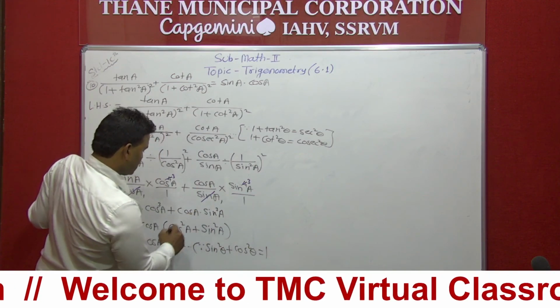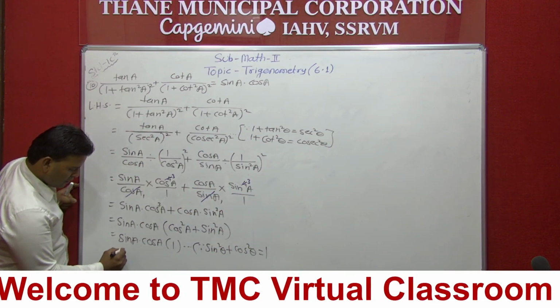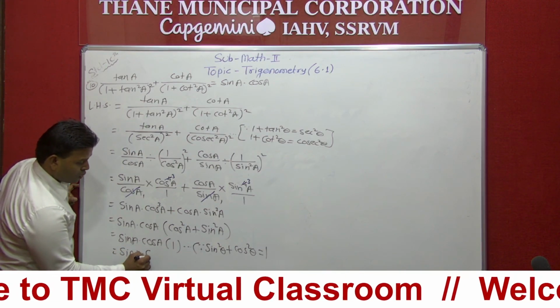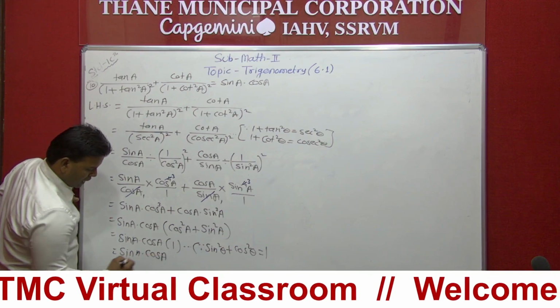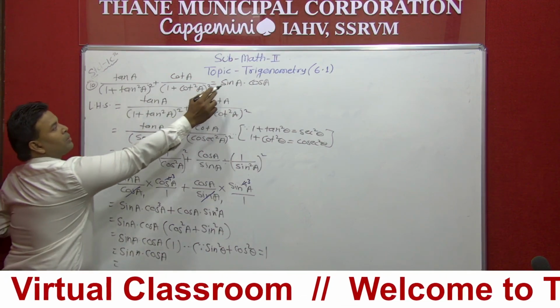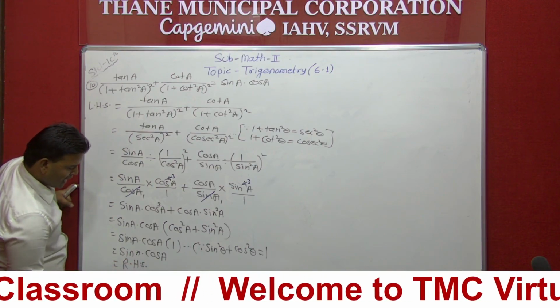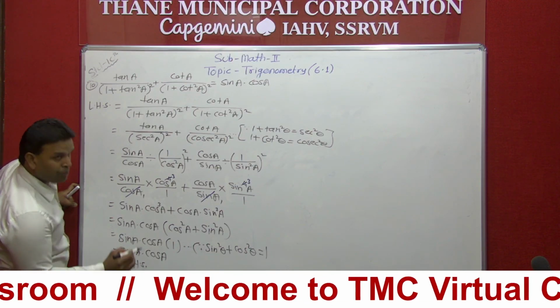So I substituted 1, and finally the final answer is sin A dot cos A. This is our right hand side, and hence proved.